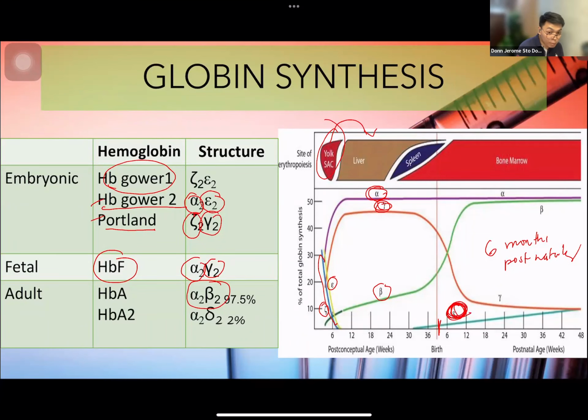So we can now produce your hemoglobin A2, which is made up of your alpha 2 and delta 2. Okay? So in normal adults, 97.5% is hemoglobin A, 2% is hemoglobin A2, and a few percent is your fetal hemoglobin. So those are the three types of hemoglobin you can see in adult patients.